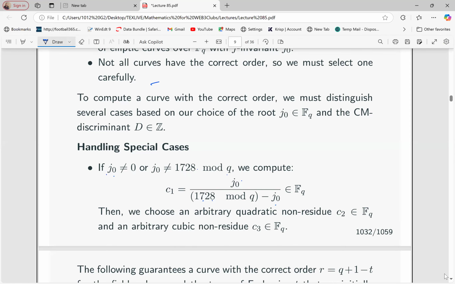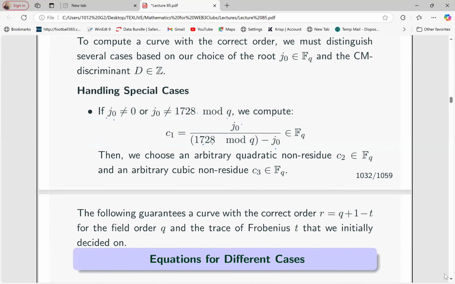Now, after calculating C1, choose an arbitrary quadratic non-residue. What I mean by that is, choose from elements of FQ one that does not have a square root mod Q, and call it C2.